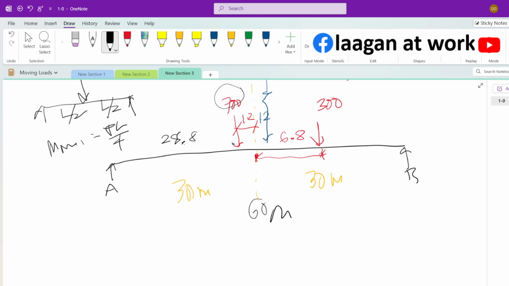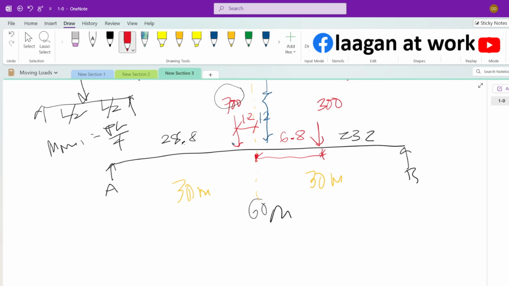Now this one, if you sum up, 28.8 and then this is 8, so that's 36. So the remaining is 60 minus 28.8 minus 8, which is 23.2 meters. And then this is 8.